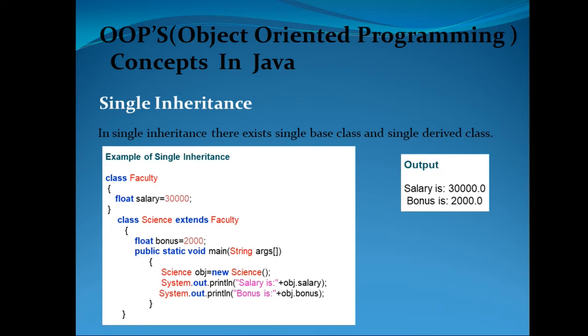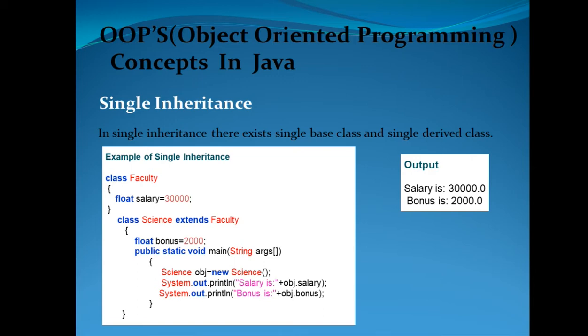In this example of single inheritance, we have the base class faculty, which has the value floor salary equals 30,000, and the derived class science that extends the base class faculty, and it has its own method, and it has a main method also.